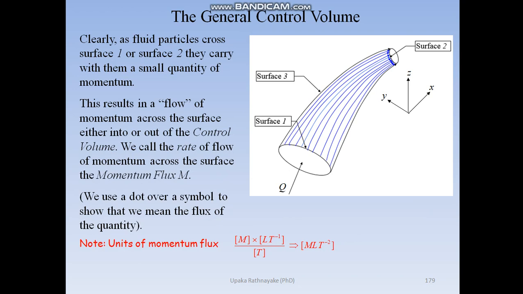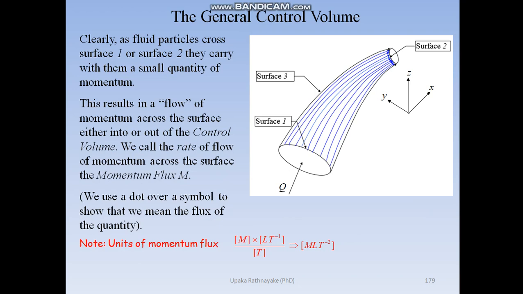Now let us see how we can mathematically express the momentum for flowing fluids. Let us consider the same stream tube as the control volume. Consider surface 1 and surface 2, where we have the flow through these two surfaces.